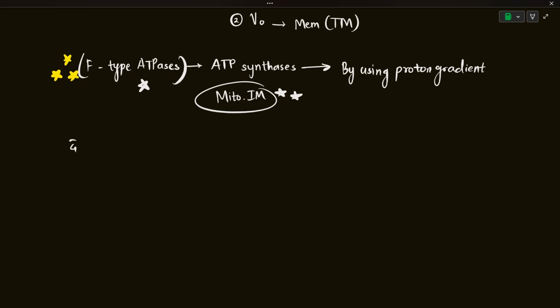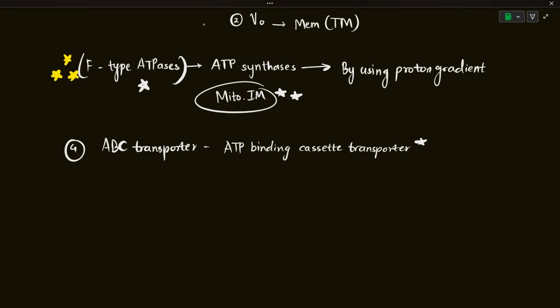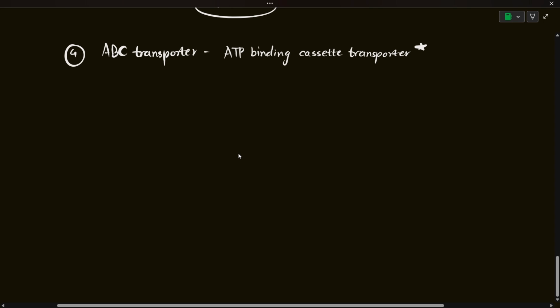And the fourth one, which is very important and which is also a type of active transport, is the ABC transporter. ABC stands for ATP binding cassette transporter. This is very different because it has very different conformations from the P-type or V-type ATPase.